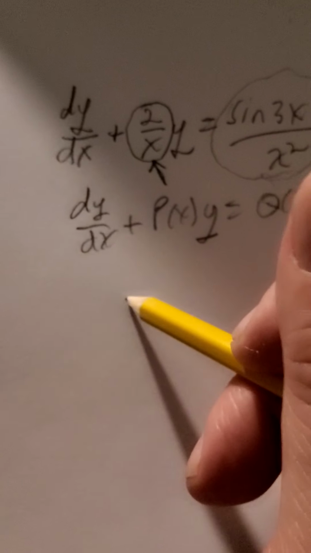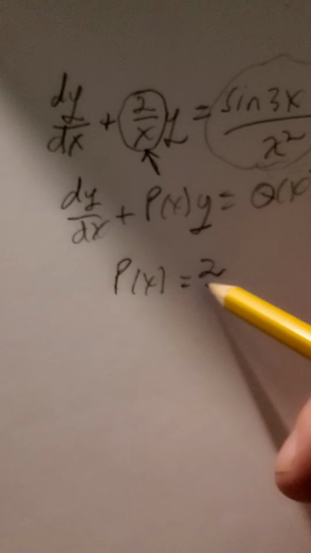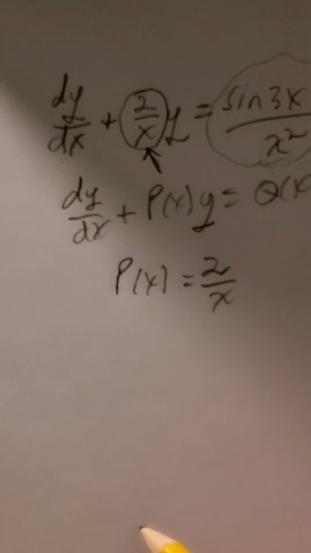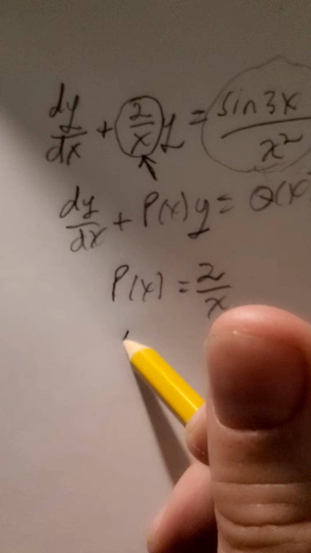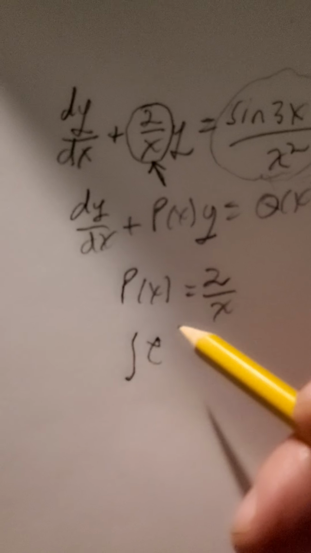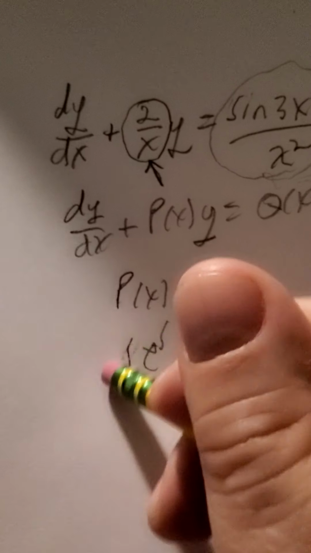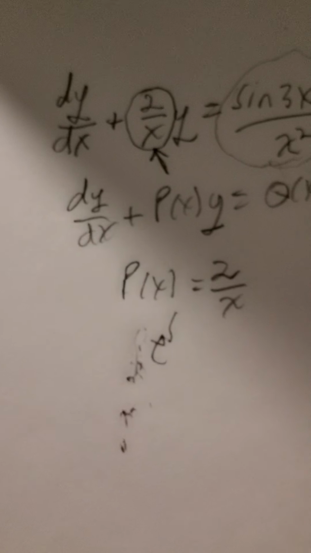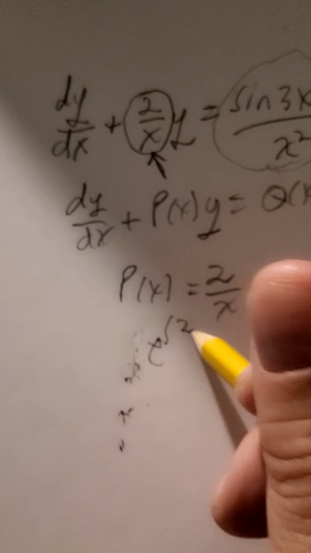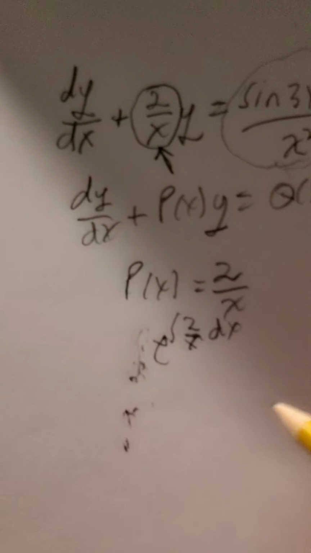So I'm going to pick p of x equal to 2 over x. All right, so I'm going to take e to the integral of 2 over x dx, like that.